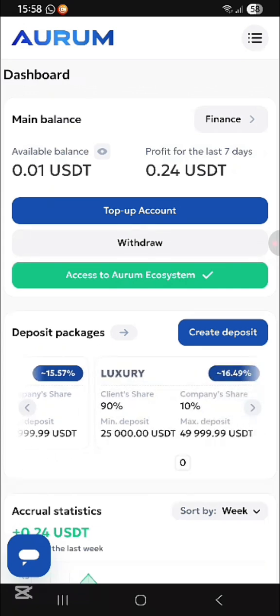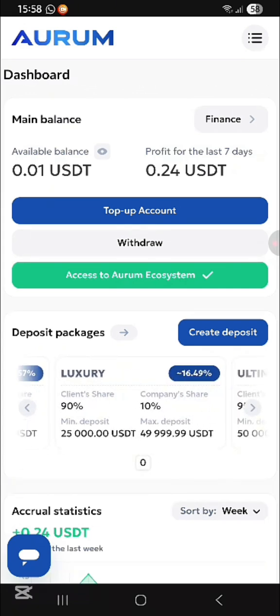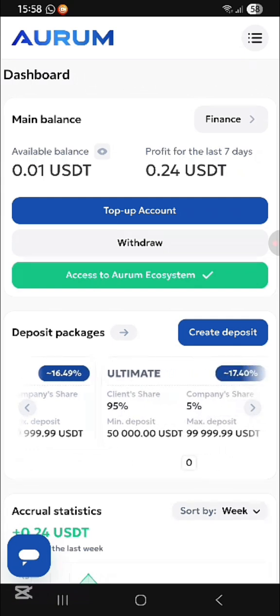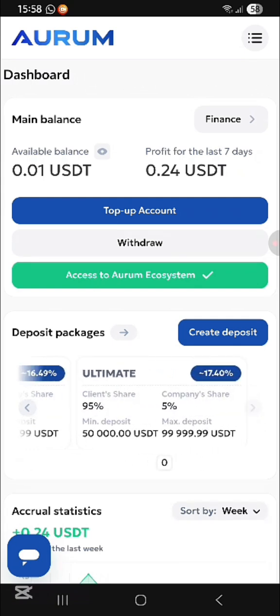Then we have the luxury plan ranging from $25,000 to $50,000, doing plus 16.49% monthly. I believe finally is the ultimate plan ranging from $50,000 to $100,000, and it does 17.4% monthly.